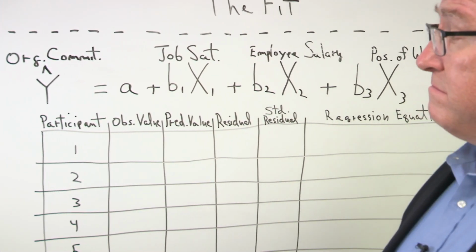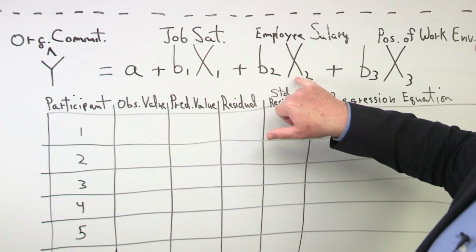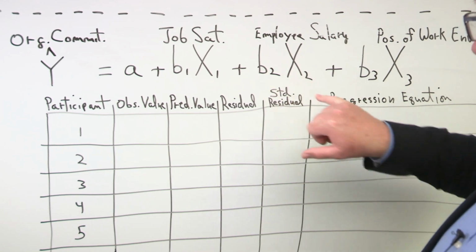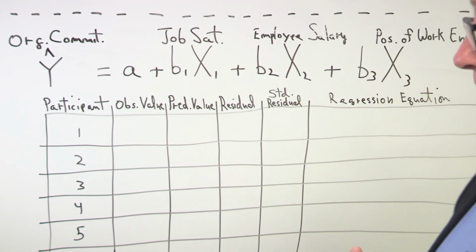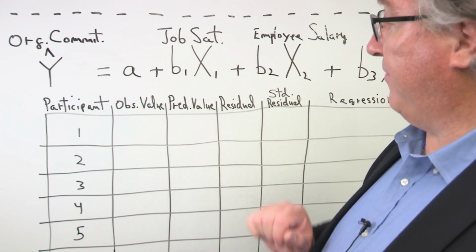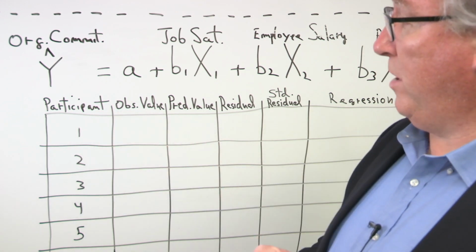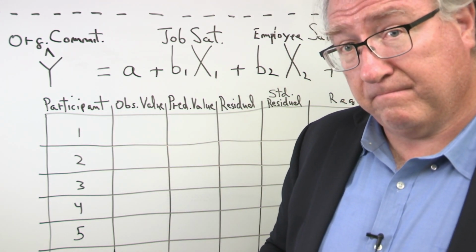Based on the participant scores on the predictor variable measures, there is from the model a predicted value, in this case for participant 1, on the outcome variable measure.